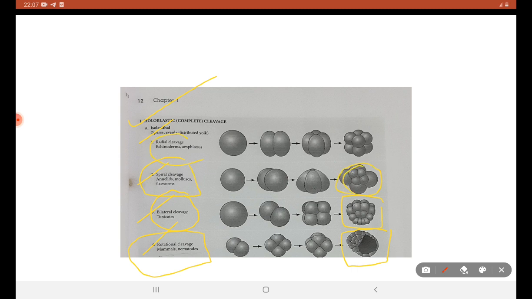Radial cleavage, this is the picture. Bilateral, this is the picture. Spiral has a clear flower petal shaped pattern, seen in the Annelida family. Radial is seen in Echinodermata.